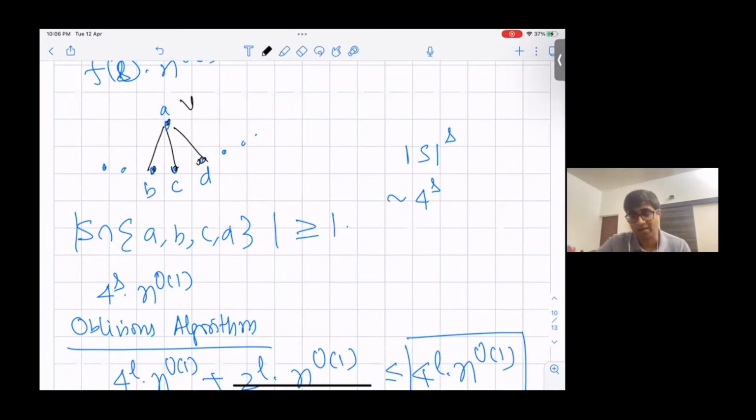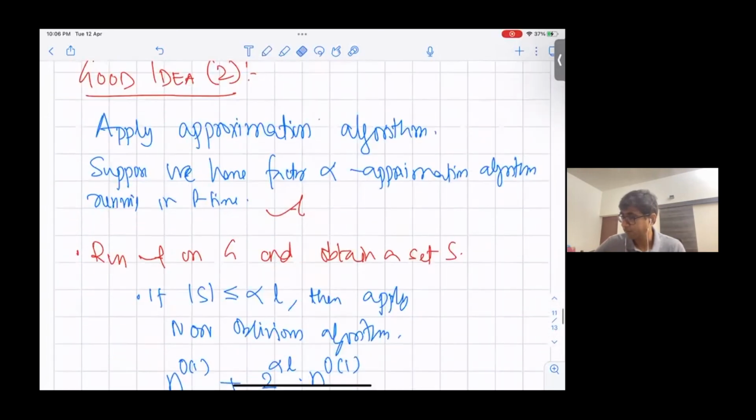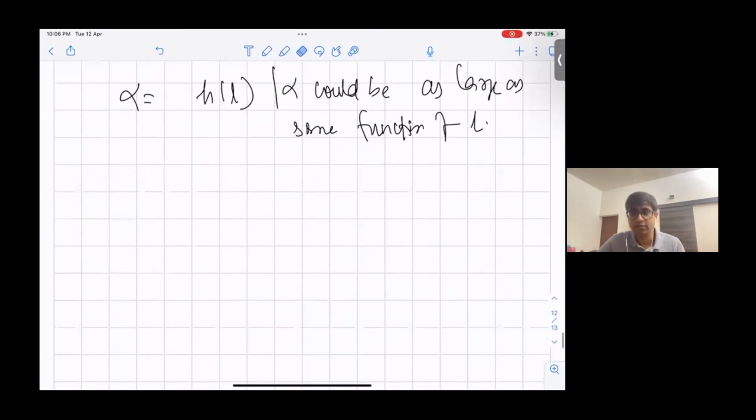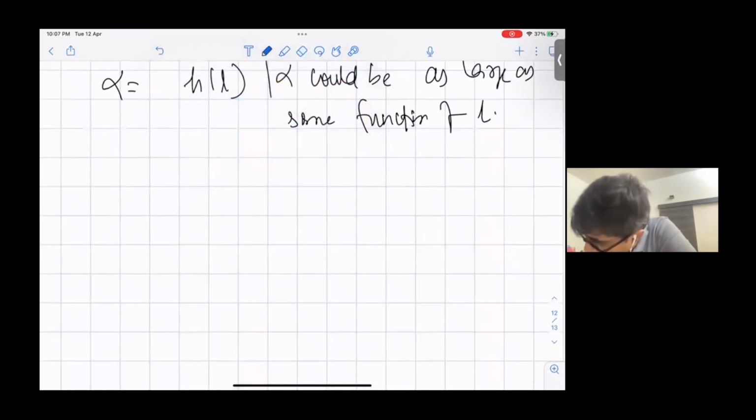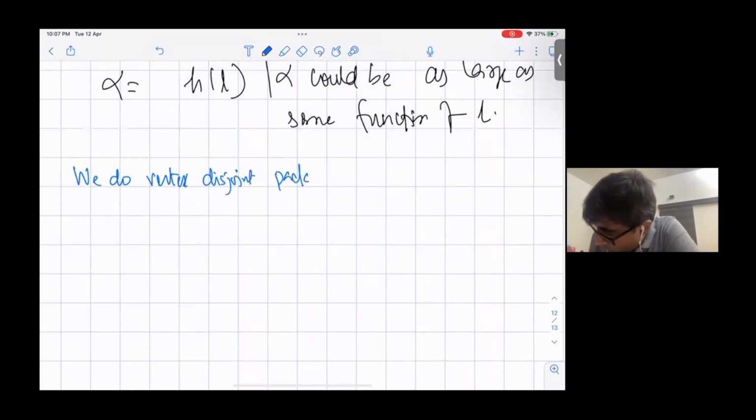It's like a packing, like a vertex disjoint packing of claws. Is that fine? A packing of these guys.